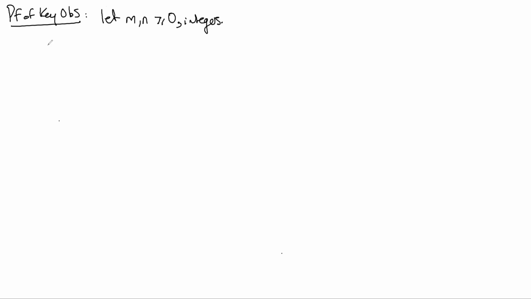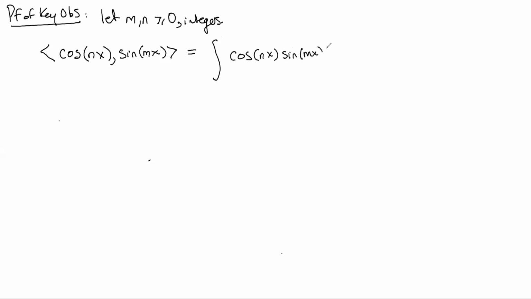Well, there are a few cases, right? What happens if I take an inner product of cosine nx with sine mx? What's the inner product? It's an integral, right? This is where the even and odd stuff comes in, as many people are saying in the chat. This is even, this is odd. So the product is odd.